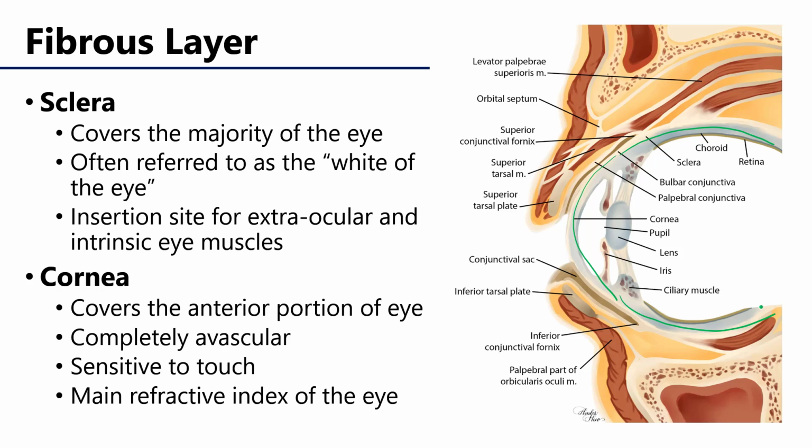The cornea is more anterior than the sclera. Unlike the sclera, the cornea is transparent, and so light is transmitted through the cornea. It's actually the main refractive index for the eye.